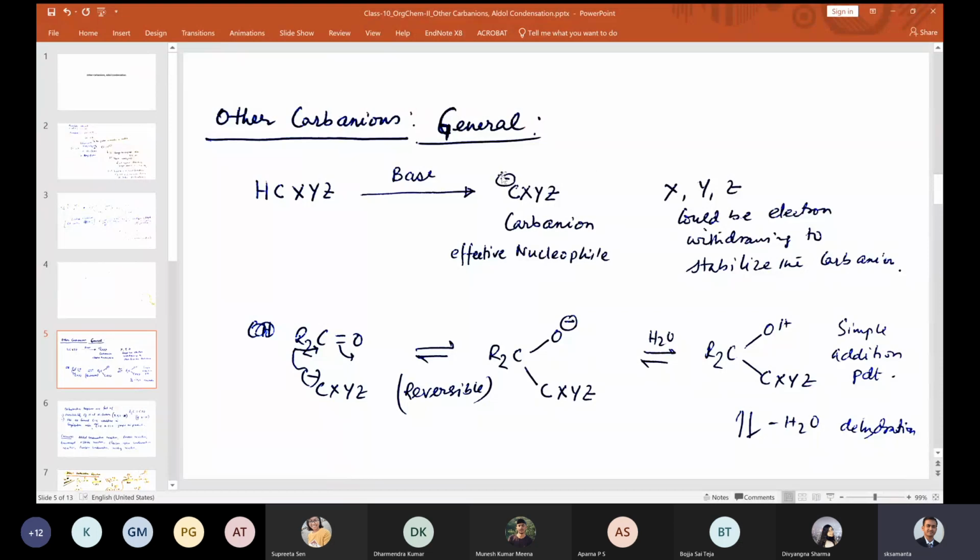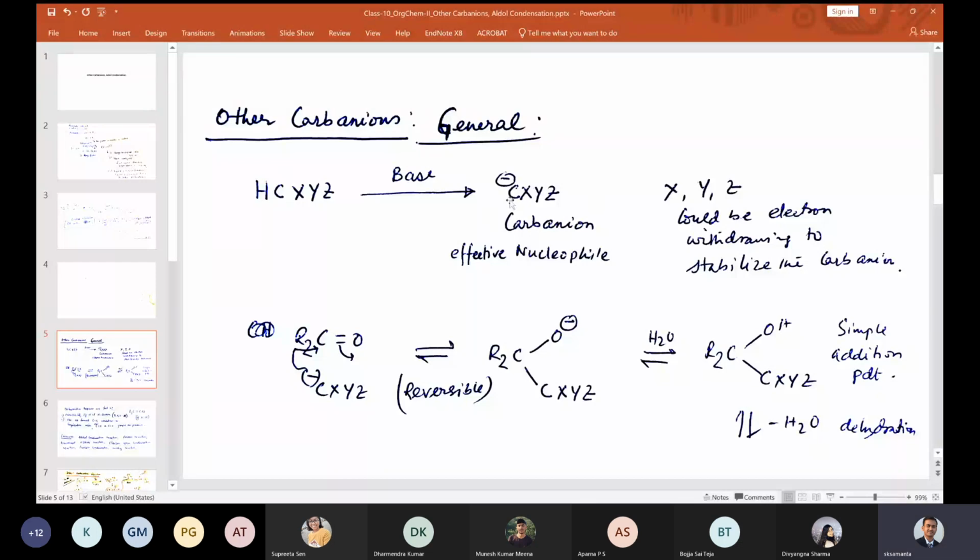So this is a general equation: you have a molecule with an acidic proton, and groups which are somewhat electron withdrawing in nature. After adding the base, it will form a negative charge on the carbon, and this will form a carbanion.